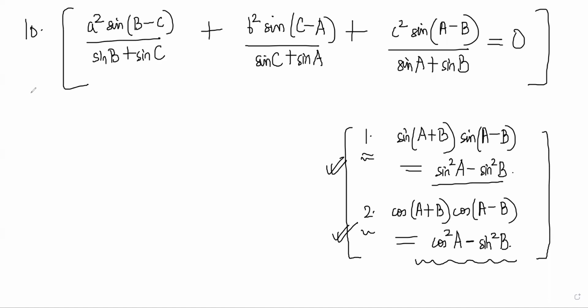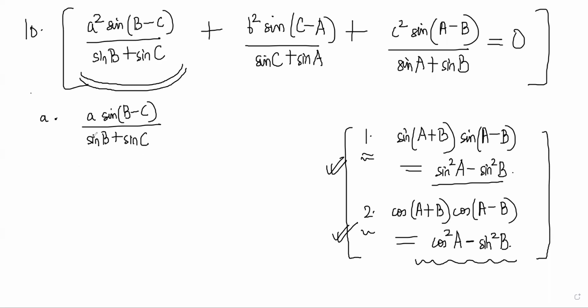We'll focus our attention on this first term. So I have a square, which I can write as a times a sine B minus C by sine B plus sine C, and this a inside I can write as 2R sine A.